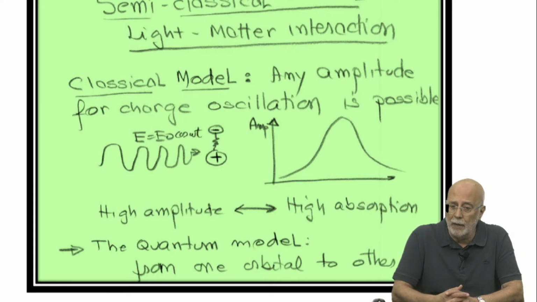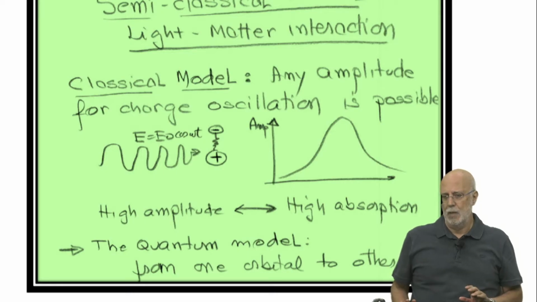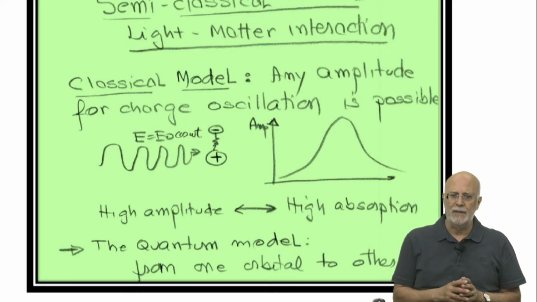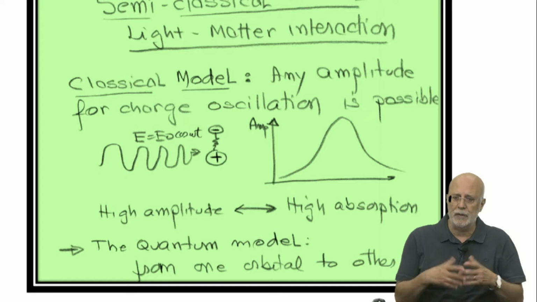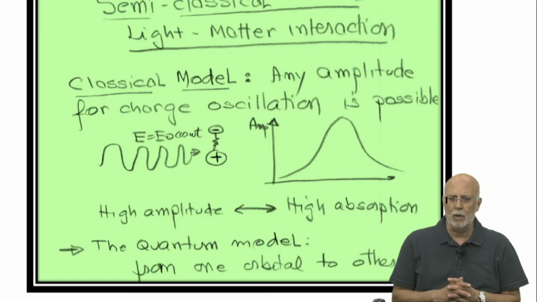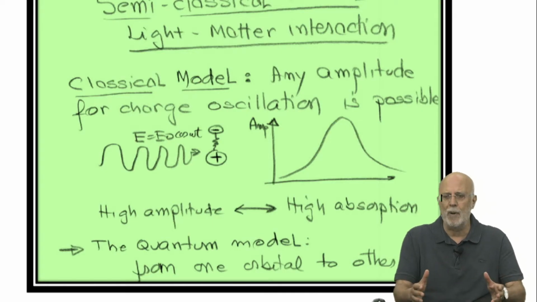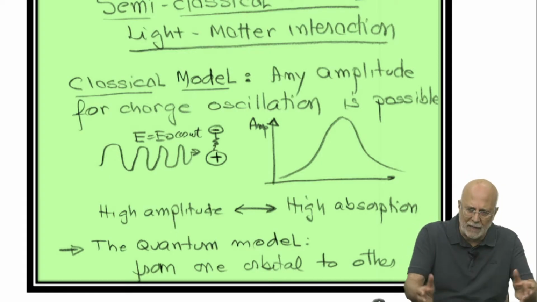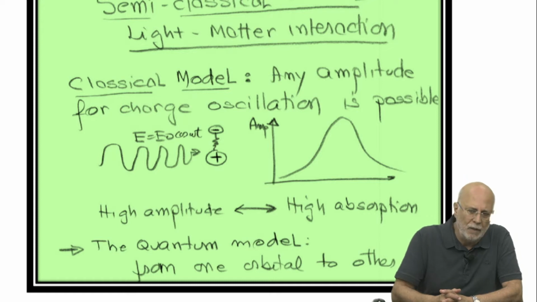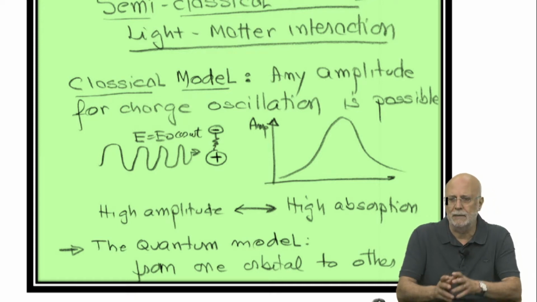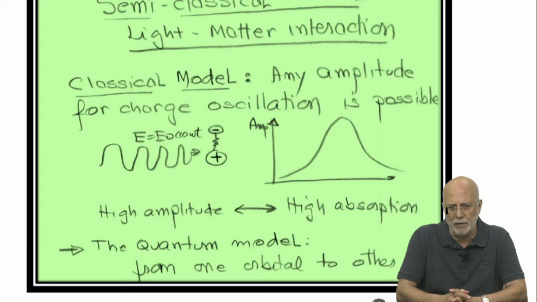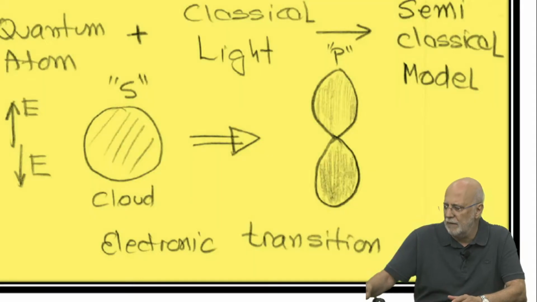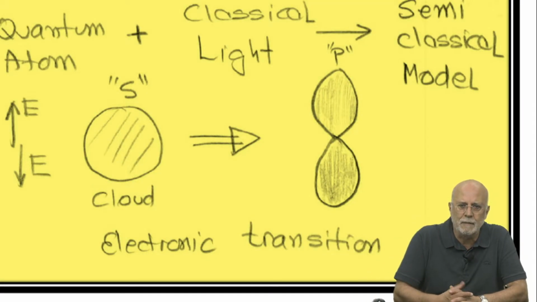In the quantum model, we have to change a little bit. We're going to have to consider that not everything is possible on this charge distribution, but only a few possibilities that we call the orbitals. So quantum mechanics, when we solve the problem of the electron attached to the nucleus, attached to the molecules in general, we know that only a few distributions are possible, and that give us origin of the orbitals.